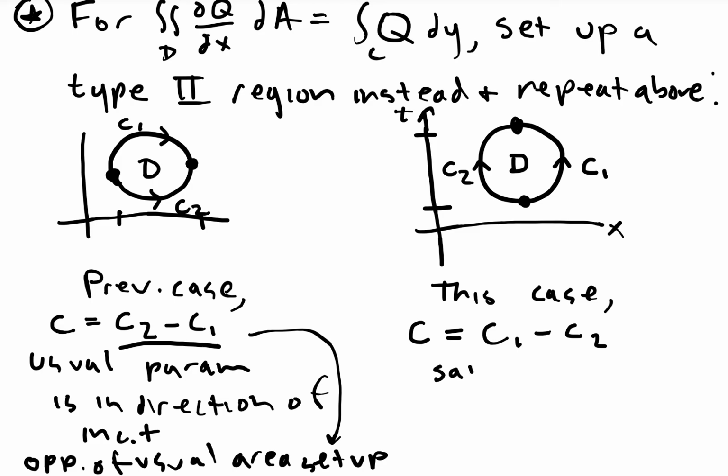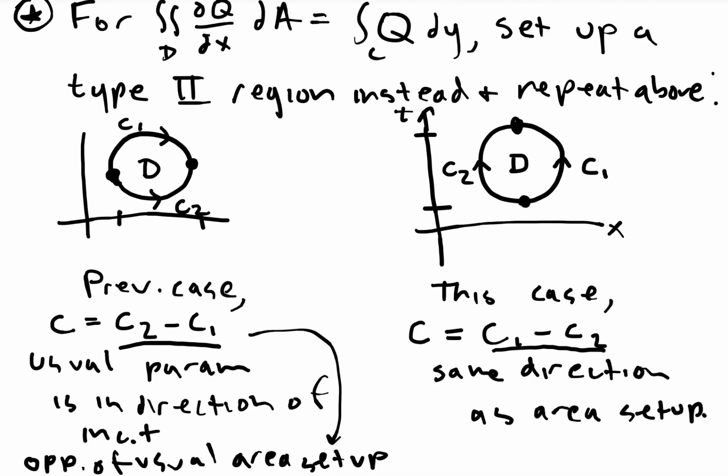So this guy's in the same direction as area setup. Because when you try to find areas of regions, you do right minus left if it's a type 2 region. And that's exactly what we have here. So comment, if you're wondering why we got that negative sign when we just did this, this is why. If you're wondering why the dQ/dx in the formula doesn't have a negative sign, this is why. It basically aligns so that we're trying to correct off a sign error in the case that we just did.